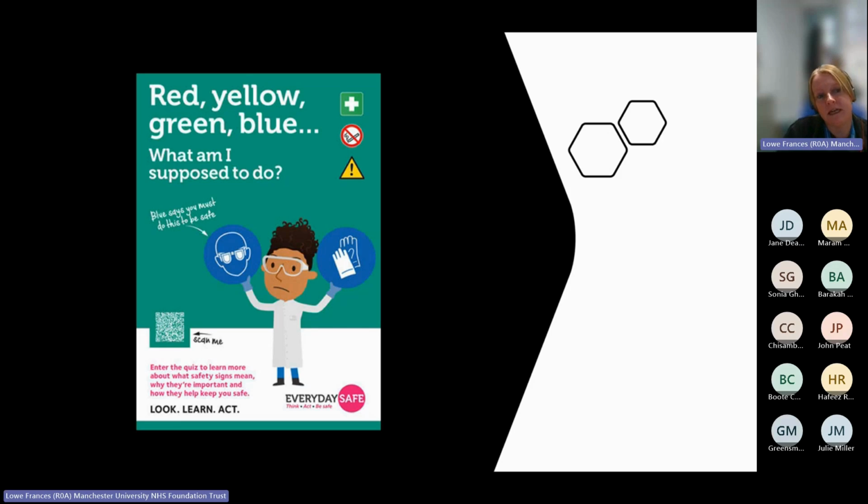So then we've got red, yellow, green and blue. What am I supposed to do? So mandatory safety signs convey specific instructions or actions that you must follow. They emphasize and enforce any rules, regulations or protocols which are necessary to maintain safety in a particular environment. They often feature a white symbol on a blue circular background.